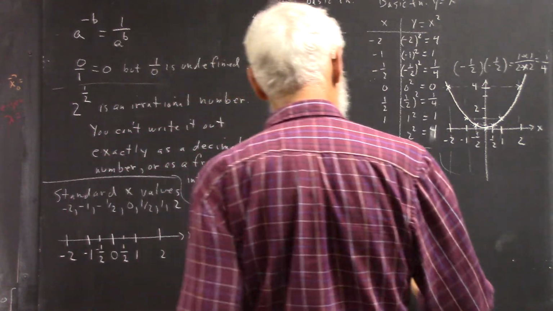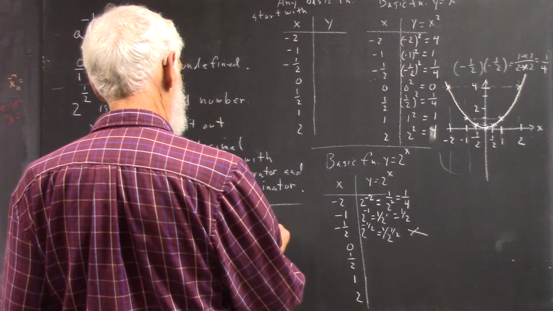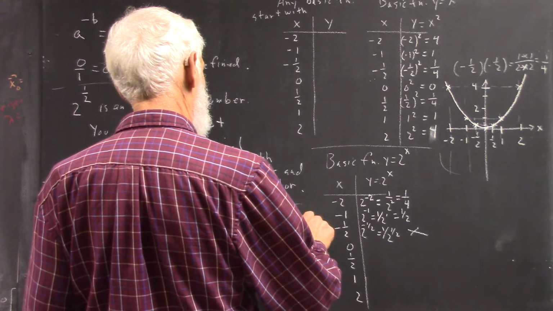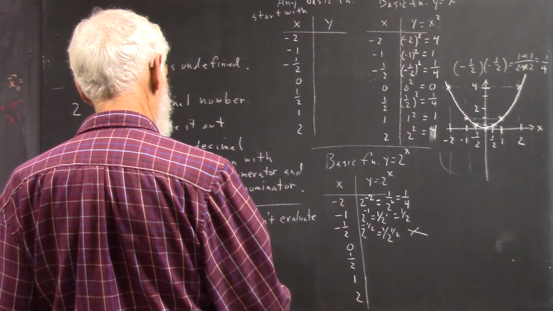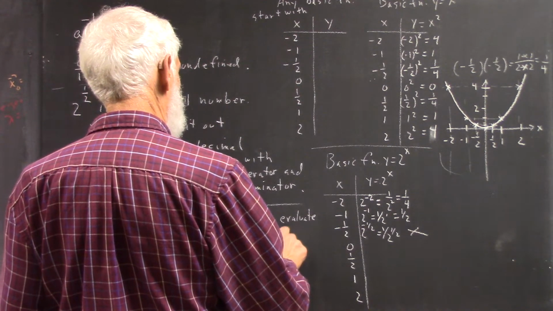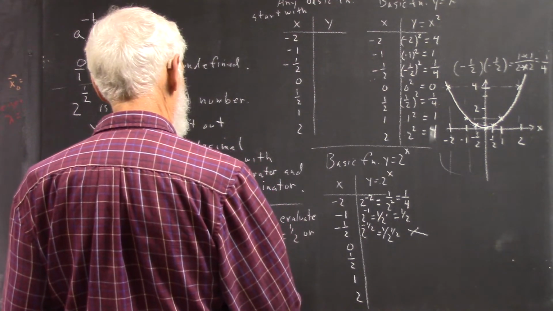So we don't use 2 to the -x for x equals 1/2 or -1/2.